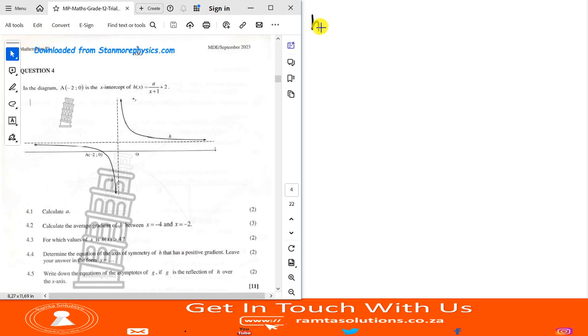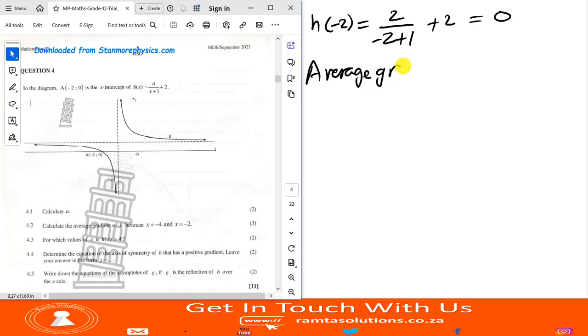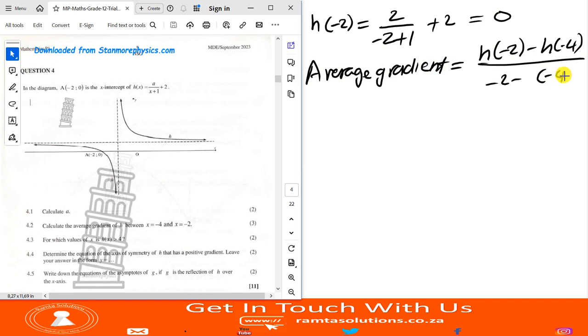Now, what is h of negative 2? H of negative 2 will be 2 over negative 2 plus 1 plus 2. This is minus 2 plus 2. This is 0. So our average gradient will be h of minus 2 minus h of minus 4, over minus 2 minus minus 4.